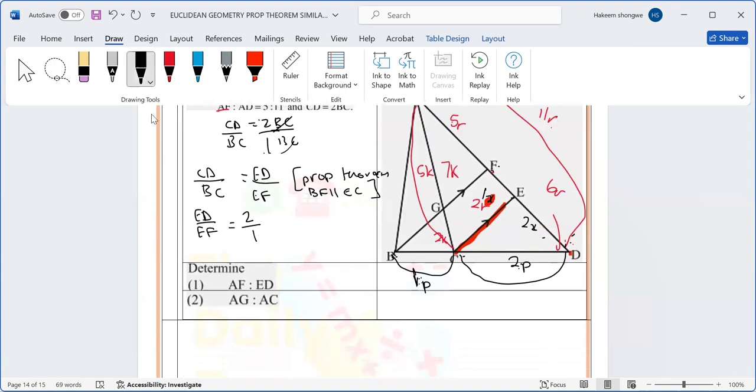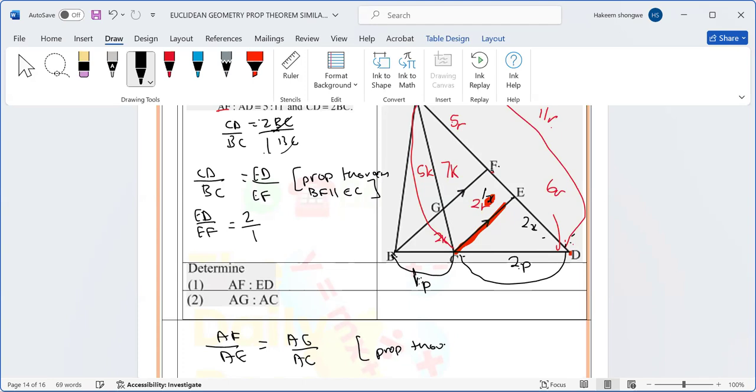So we have AF is to AE, which is going to be equal to AG is to AC. And then this one is the proportionality theorem, because GF is parallel to CE.